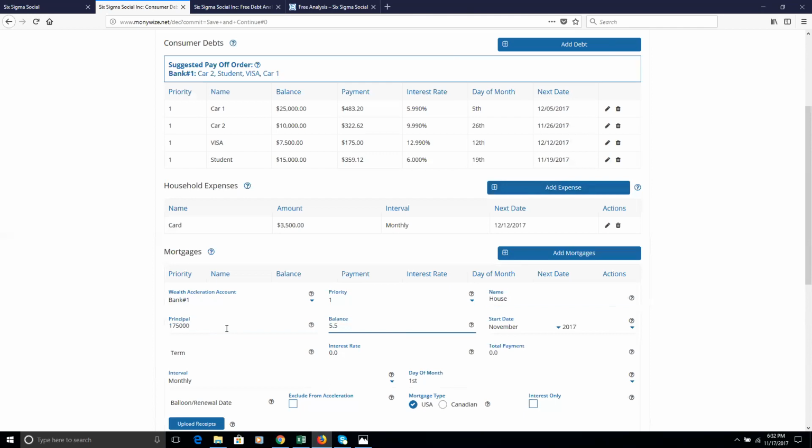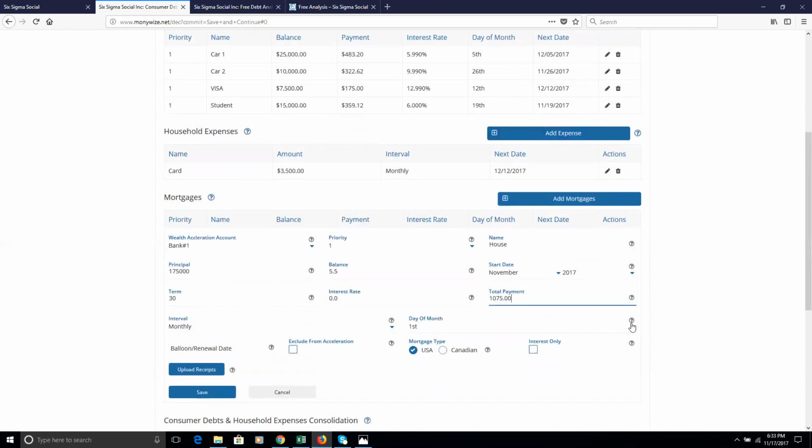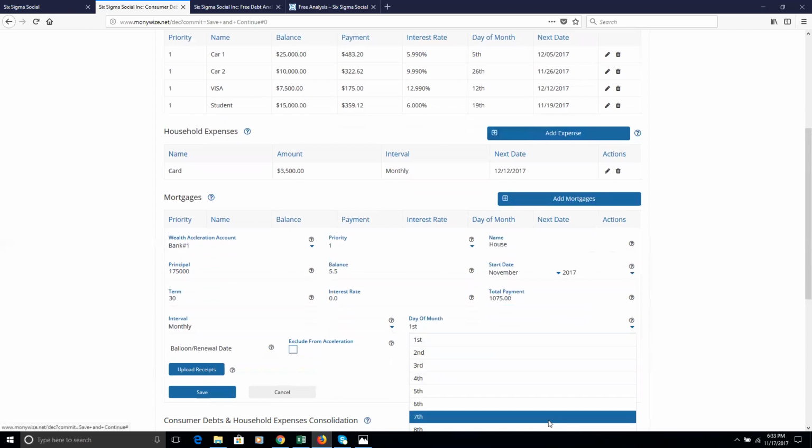Why give them the information? So let's say that their prevailing rate at the moment is 5.5%. Let's say that's over 30 years. Okay, and let's say that their total payment is $1,075. We'll have them pay that monthly. Let's have that go out on the 9th of the month or something like that. On the 7th, as good as any, and we'll hit save there.